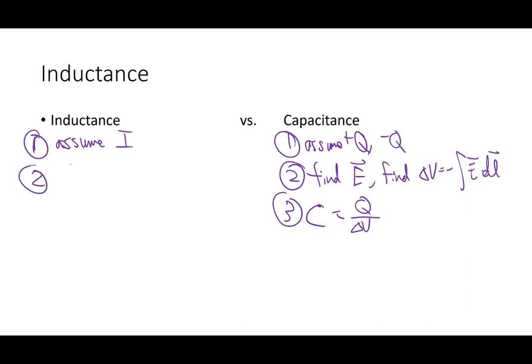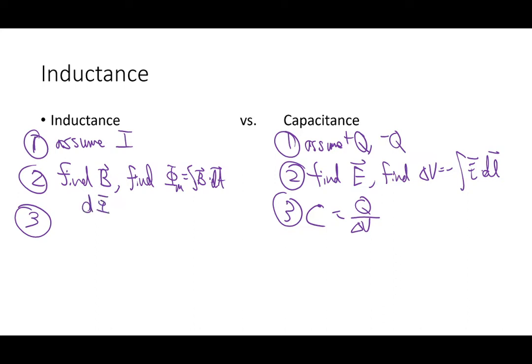Based on that, we can find the B, and we can find the flux, right, once we have the B. Now that we got the flux, we take the time derivative of the flux, see what actually depends on time and what doesn't, right?